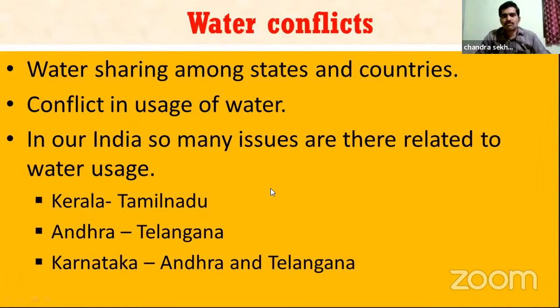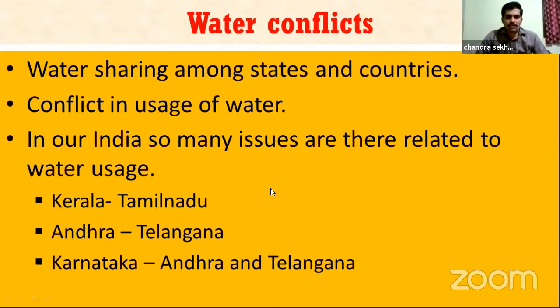Next, water conflicts. Some intellectuals are saying that in future we may get water wars. In earlier days we had wars for wealth, property and land, but in future we may have wars for water. A Third World War may happen for water. Nowadays we are experiencing so many water conflicts between states, and between countries also.